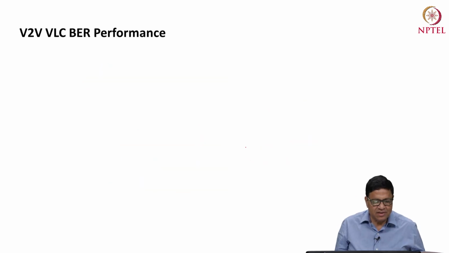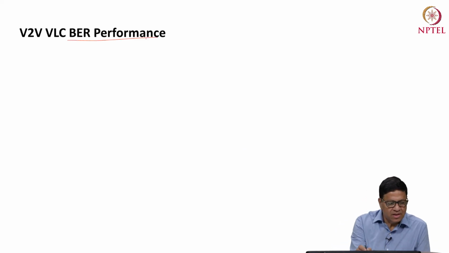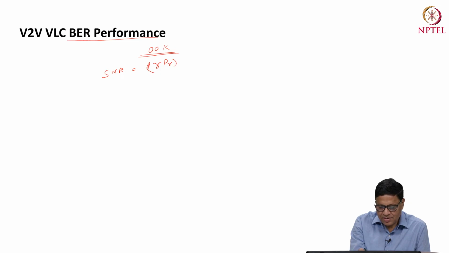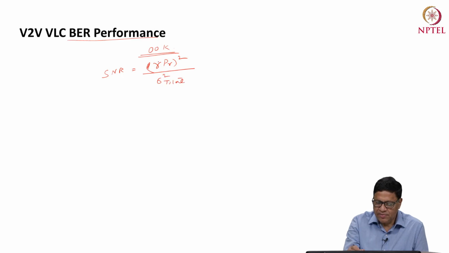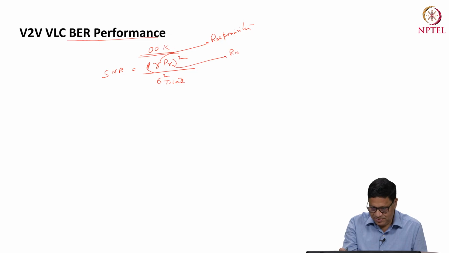So finally, let us see the V2V VLC BER performance. If I consider, for example, a simple scheme of on-off keying, the signal to noise ratio is given by sigma r P_r squared, where this is the responsivity of the photodetector, P_r is the received power, and this is the total noise in the system.